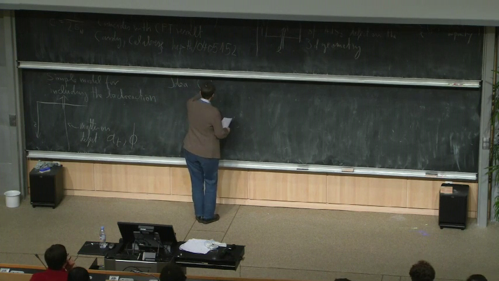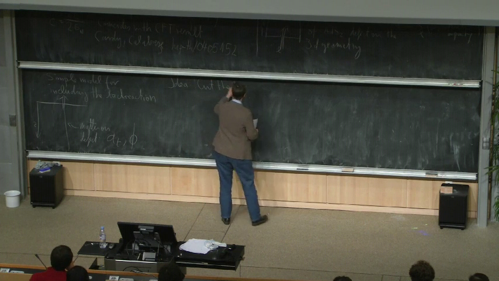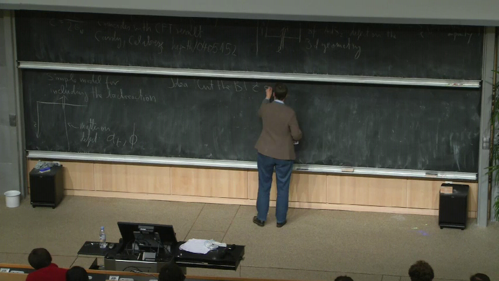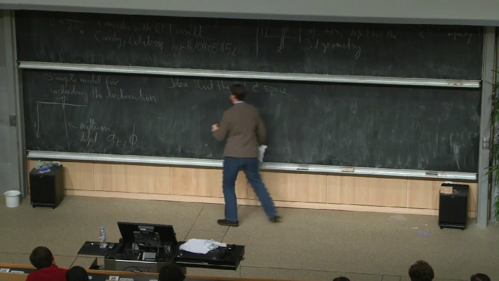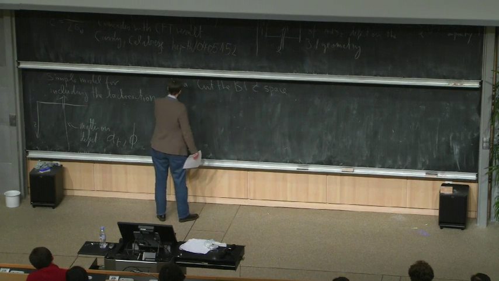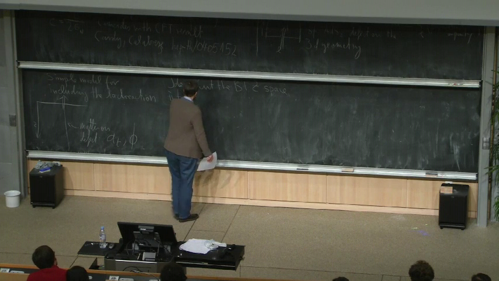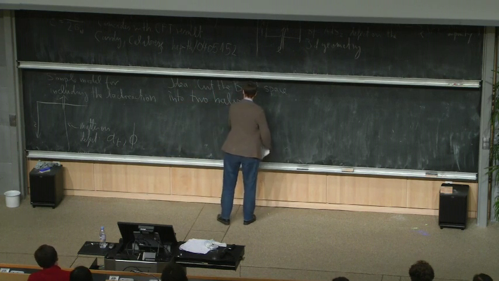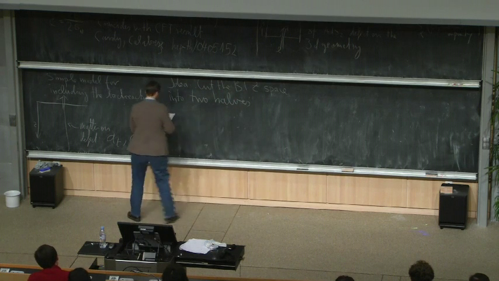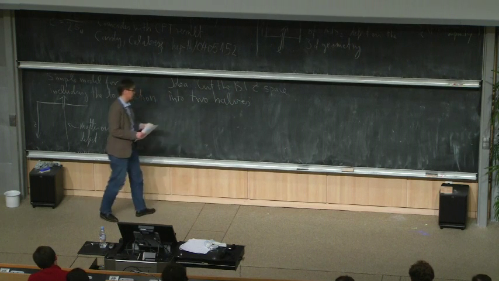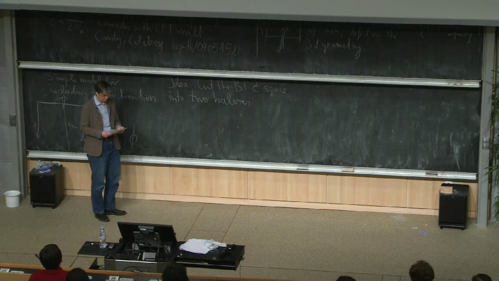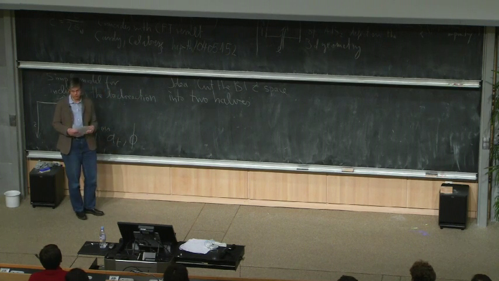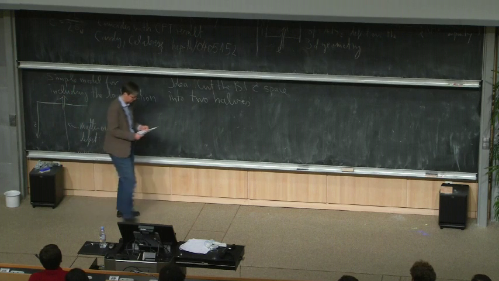The idea is to cut the BTZ space into two halves. There's a concept in general relativity which tells you how to glue them together again, the so-called Israel junction conditions.